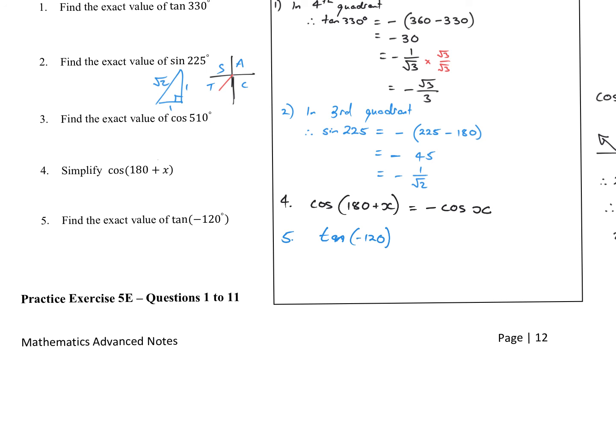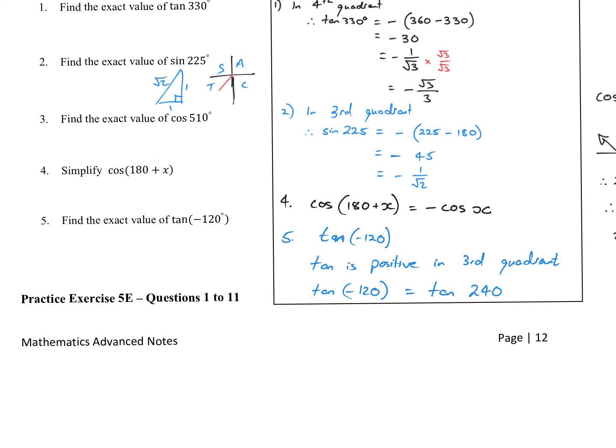So which quadrant is tan positive in? Third. Yep, tan is positive in the third quadrant. So tan negative 120 is going to be equal to tan 240. What? That doesn't make sense.